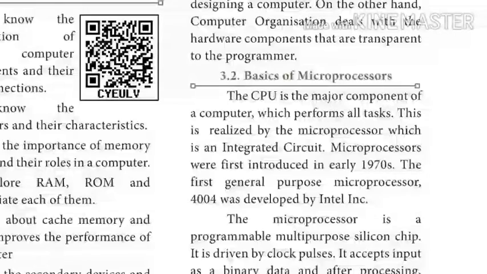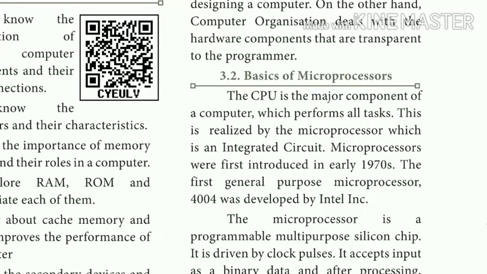Okay, so next is basics of microprocessor. The CPU is the major component of the computer which performs all tasks. Okay, so the CPU, central processing unit, is the tower next to your computer, so that is known as CPU. So the CPU consists of motherboard, processor, RAM, hard disk, SMPS. So these are all the different components that are present in the computer CPU.